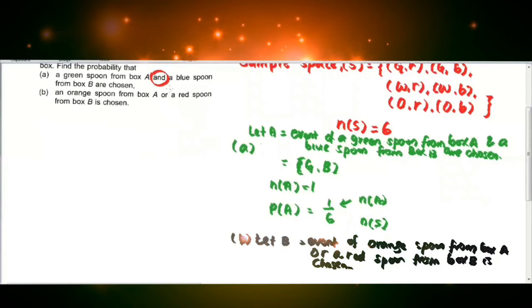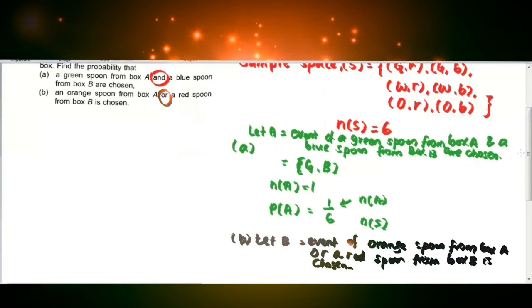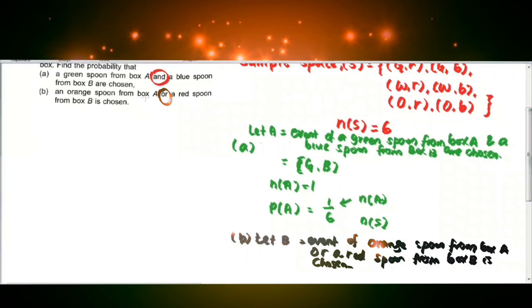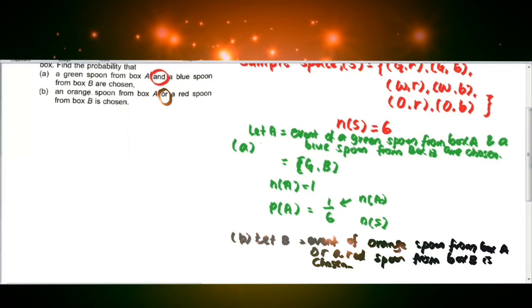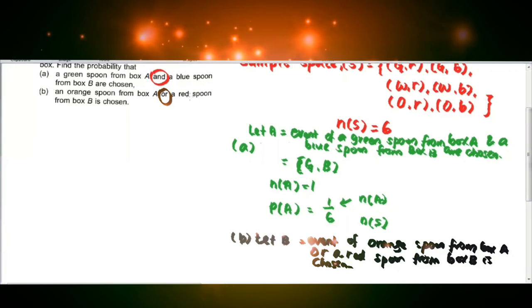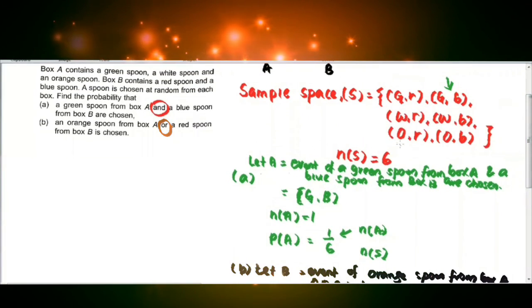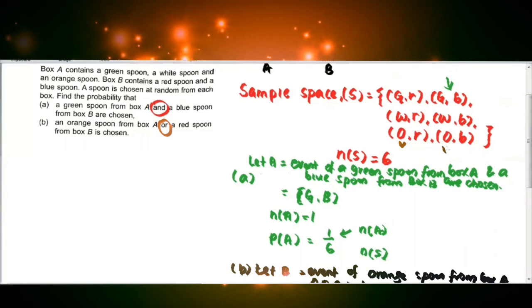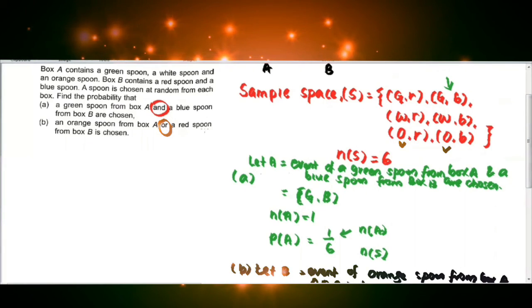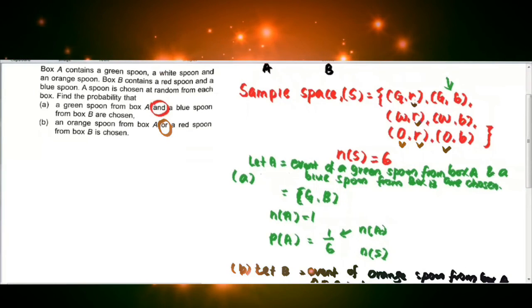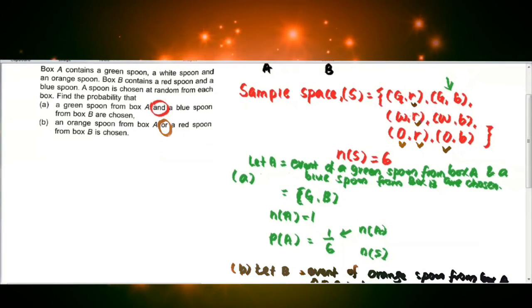So "or" means that it's not compulsory. Either one, we can fulfill either one condition. Either we choose the orange or the red spoon. Orange, yes. And red spoon, red over here, red over here. Wait, how many? 1, 2, 3, 4.